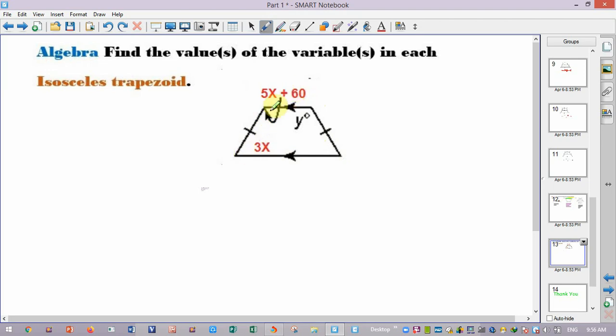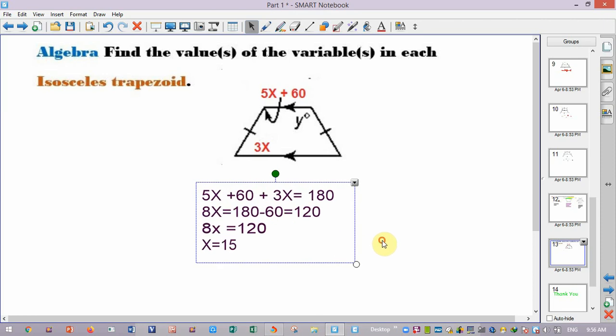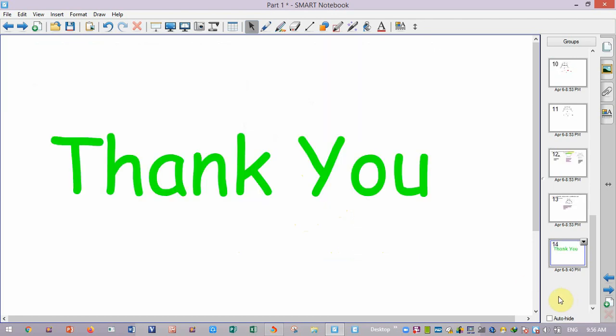Interior supplementary. Then 5x plus 60 plus 3x equals 180, and solve algebraically. Collect 5x and 3x equal 8x, and 60 becomes negative 60. Then 8x equals 120, divided by 8, equals 15. Thank you.